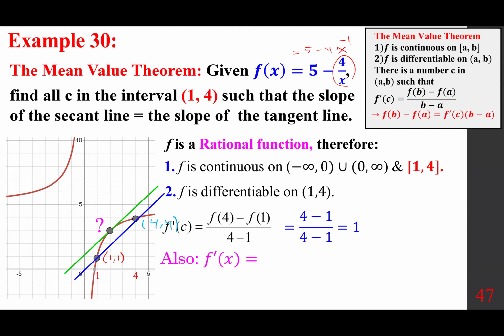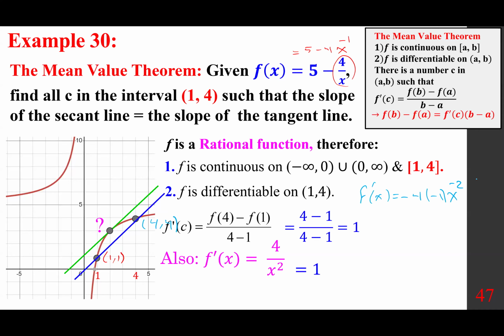So that is the function. And so f prime of x, let's just do it here and then we erase it. f prime of x was minus 4 times minus 1 x to the power minus 2, which makes it positive 4 over x squared.